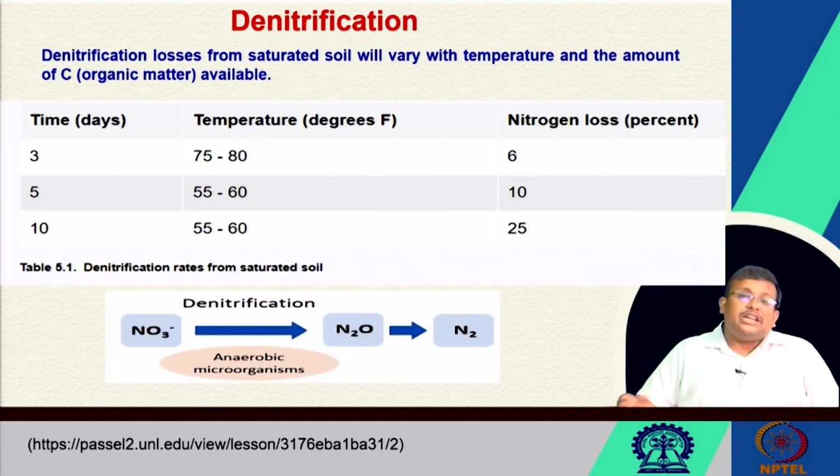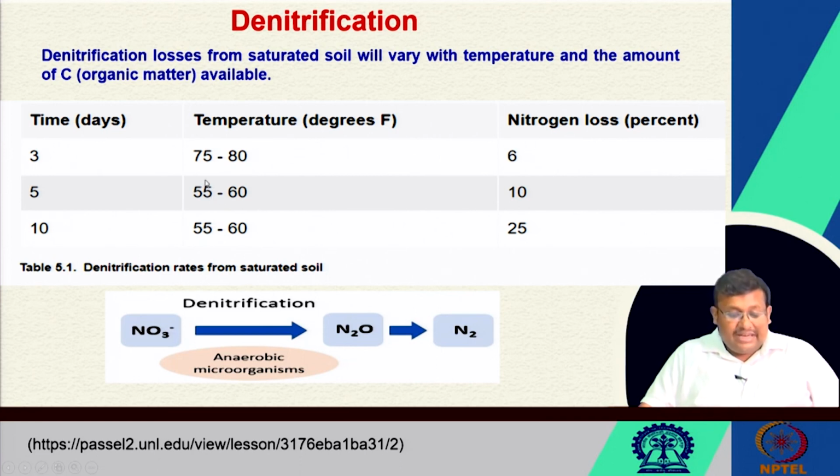Now, denitrification losses from saturated soil will vary with temperature and the amount of carbon or organic matter which is available. So, here you can see for different times, like 3 days, 5 days and 10 days, if the temperature is 75 to 80 degrees, we can see that nitrogen loss is only 6%.